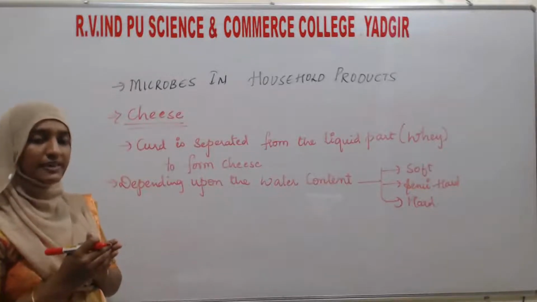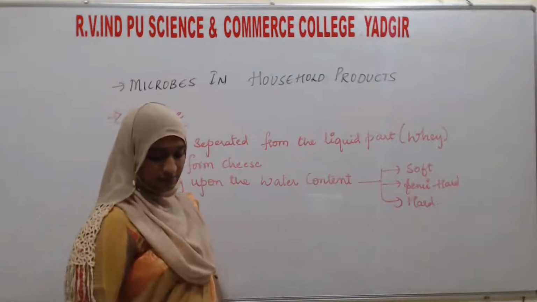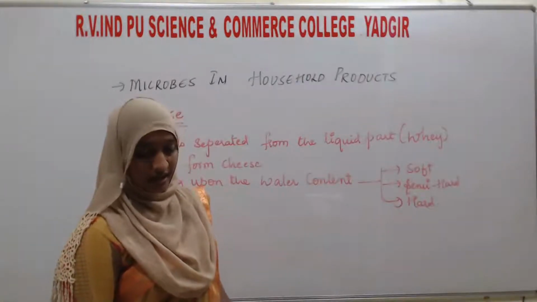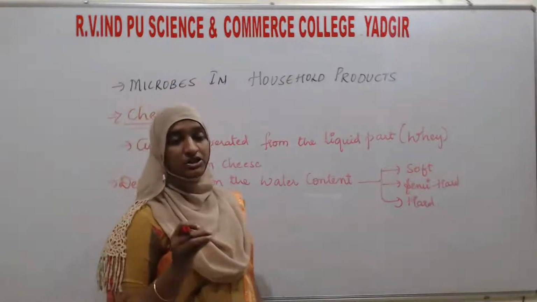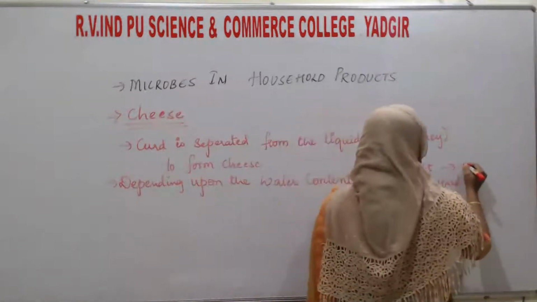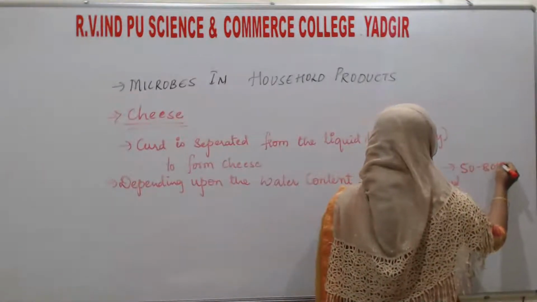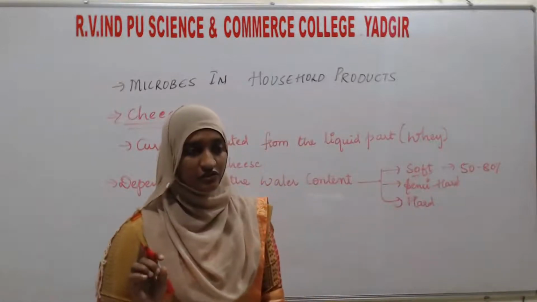So depending upon that, cheese is of three types: soft, semi-hard and hard. If the water content in the cheese is around 50 to 80%, then the cheese will be very soft.